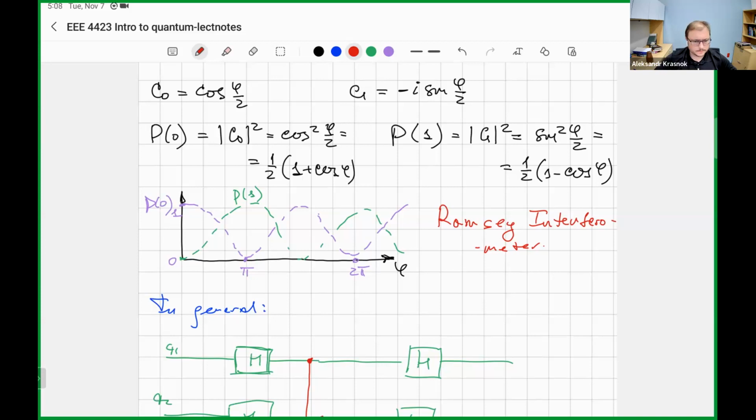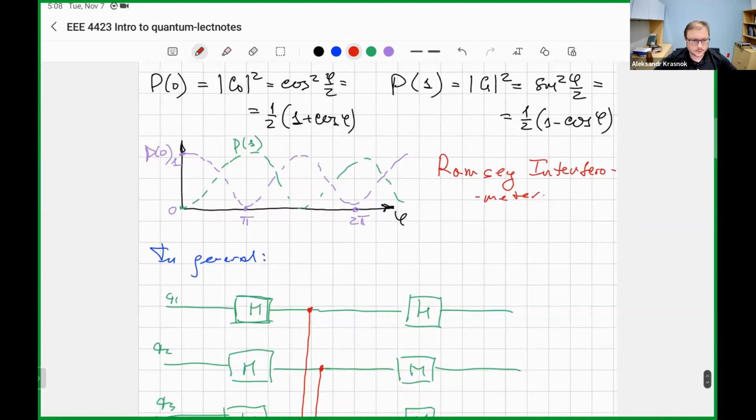It's going to be state 0, and state 1 we can't detect in the measurement. This type of interferometer is known as the Ramsey interferometer.